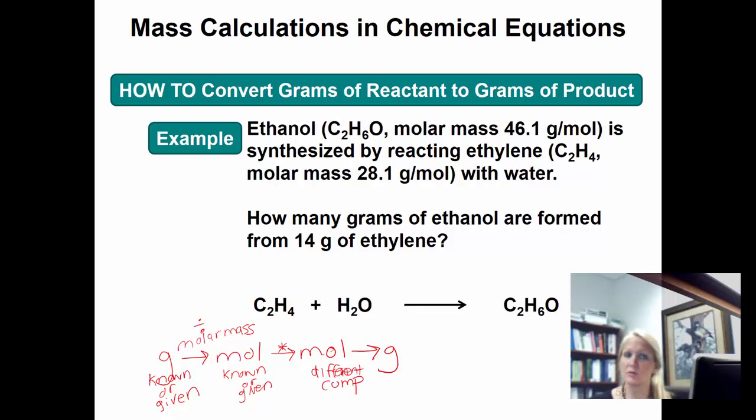To get from moles of what we know to moles of a different compound, this is where we use our mole to mole ratio from the balanced equation. Okay? Once we have moles of this compound we're looking for, then we convert to grams. So it's just the opposite of this first step.